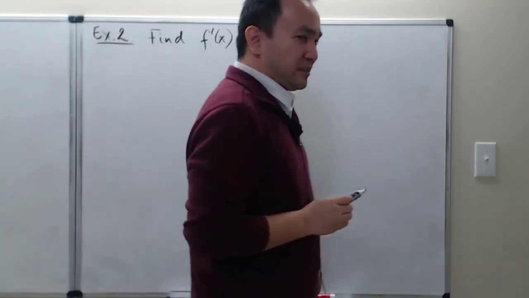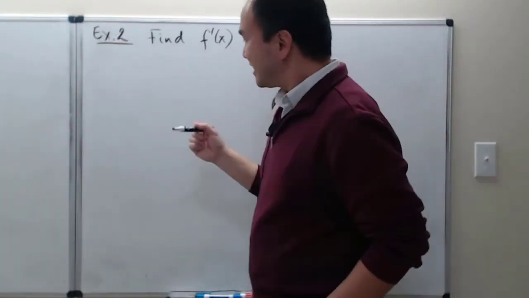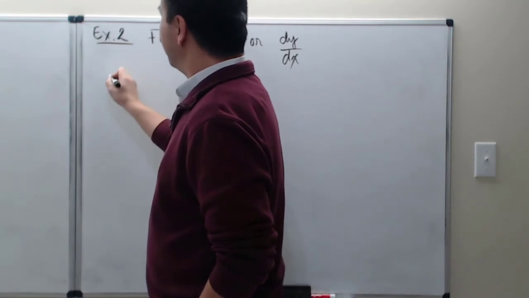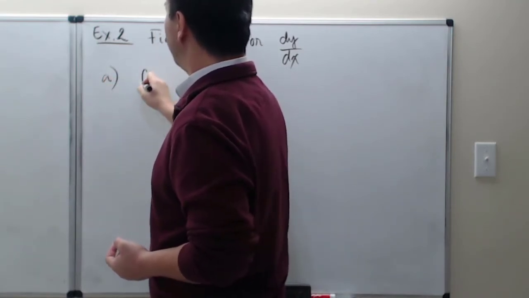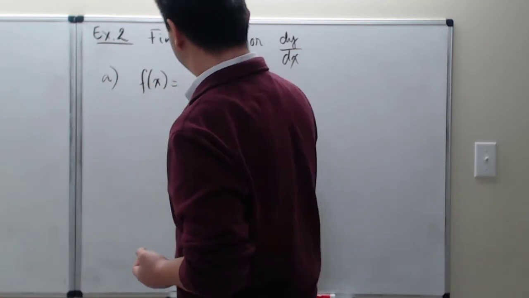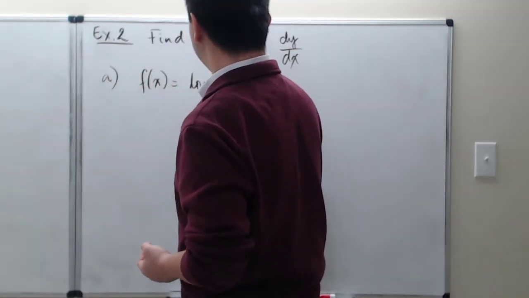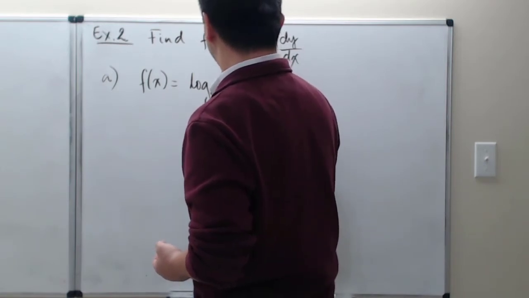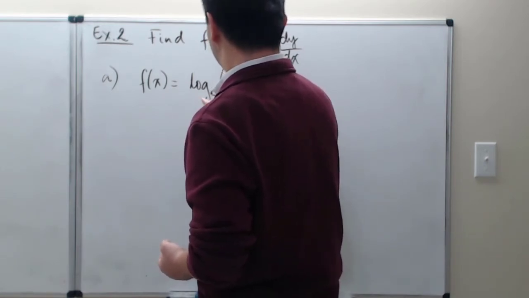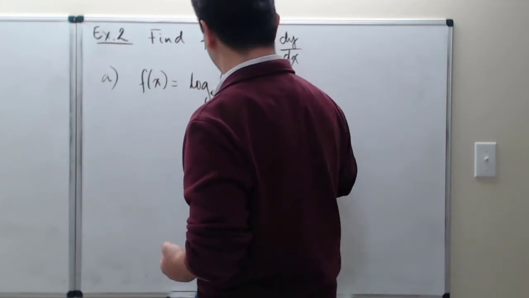All right, so let's look at something like this. Question A: our function f of x equals log base 5 of 3x plus 1.